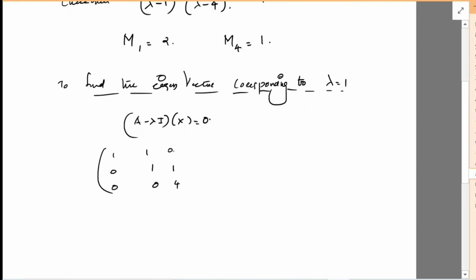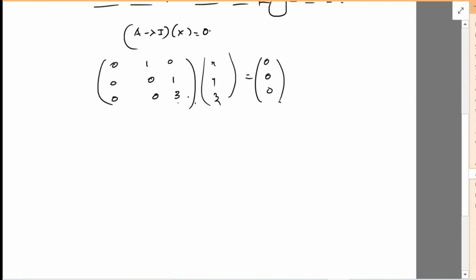To find A minus lambda I, where lambda equal to 1, subtract 1 from the diagonal entries. So that matrix will be 0 1 0, 0 0 1, 0 0 3.